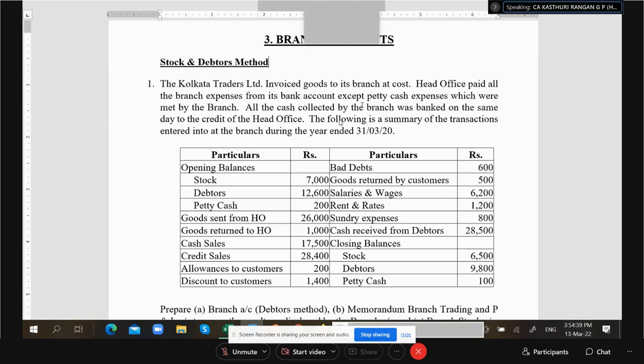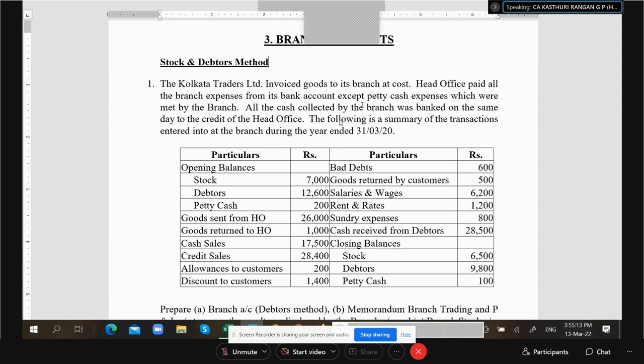Friends, under debtors method, preparing a branch account is very, very simple. Opening and closing balance of the branch should be recorded. You have to record the transactions between the branch and the HO. The simple rule you have to follow is the branch is regarded as a debtor. In the books of HO, the branch is regarded as a debtor. So what is the rule we apply for a debtor account?